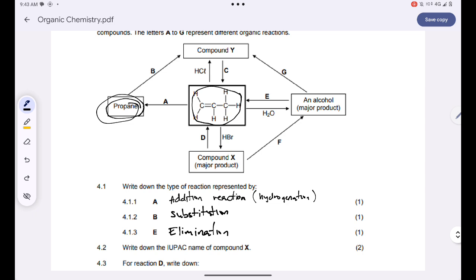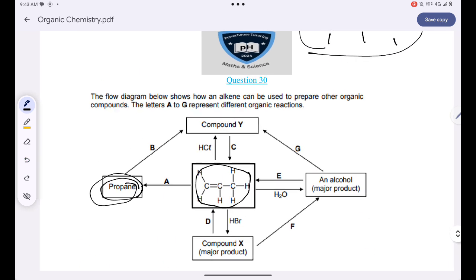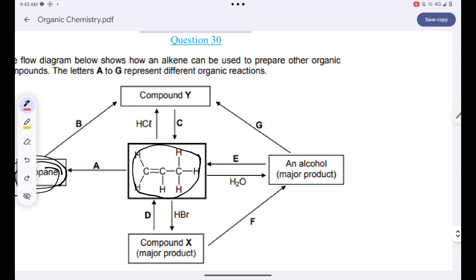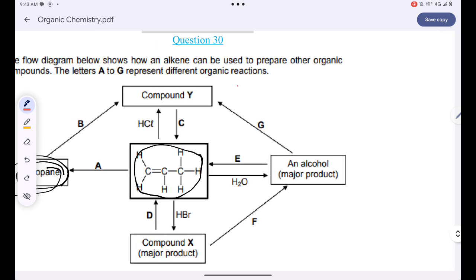Let me draw the structures of the propane, compound Y, and the major products here and there. Compound Y, guys, would have been that one over there. Let me draw it here. That would have been 2-chloropropane.